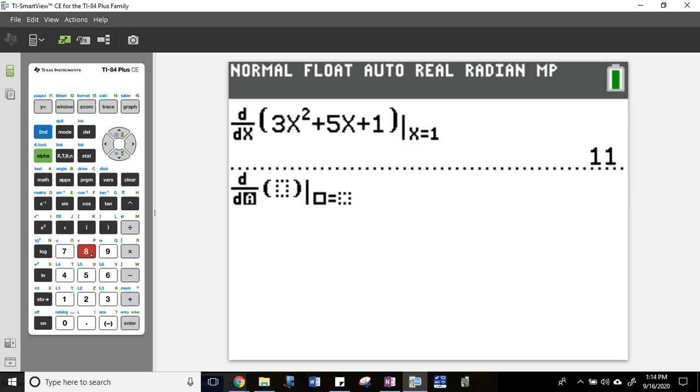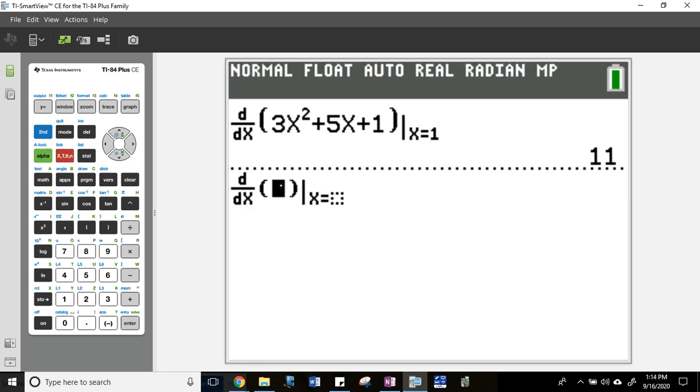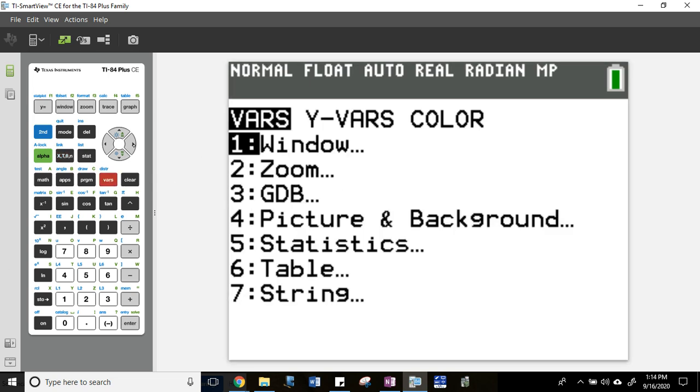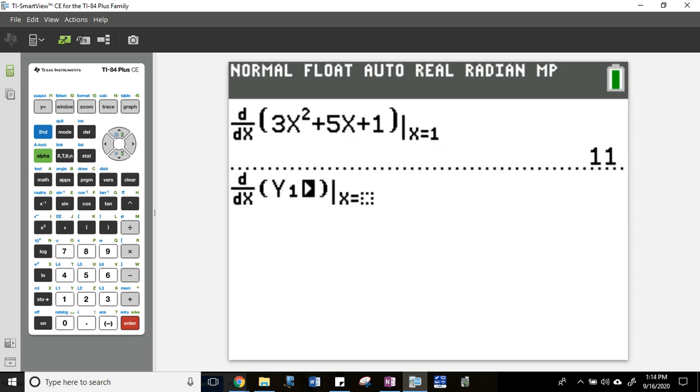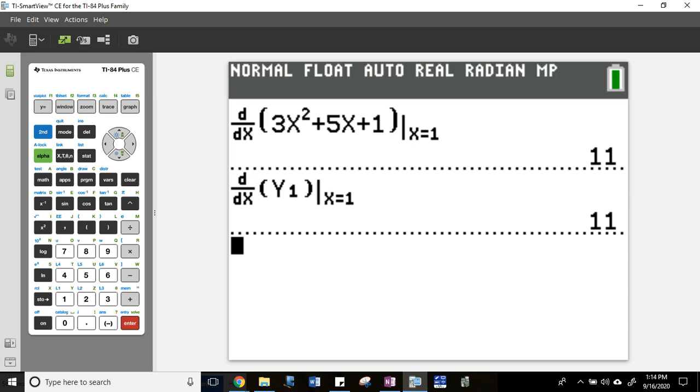You can go to math 8 with respect to x. Remember, the equation is sitting in y1, so I don't know that this is any faster. But if the equation is really complicated and you've already typed it into y1, you could also do vars, y vars, function, y1. Same thing. Okay, so you have some options here.